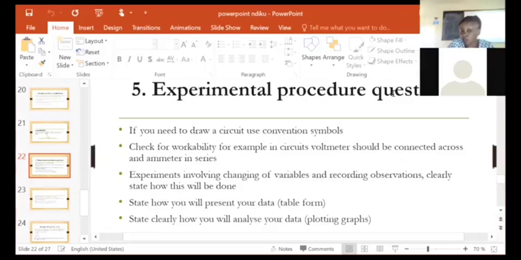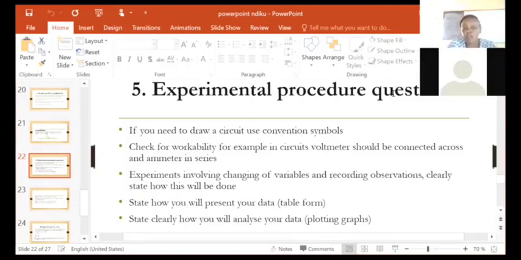When you are drawing the circuit, you have to use the correct convention of symbols. For the potentiometer, we know how to represent it in the diagram, the resistors, and so on. Then you have to check for the workability of the instrument. The potentiometer should be connected across whatever you want to measure the PD.